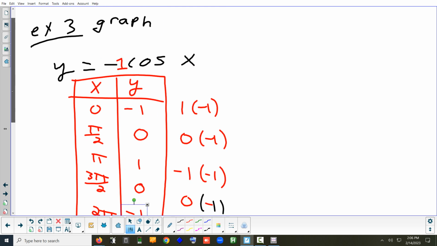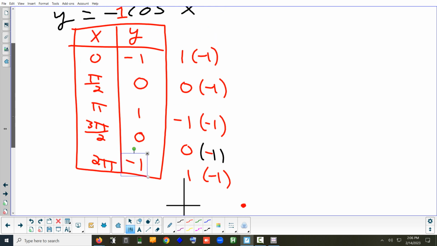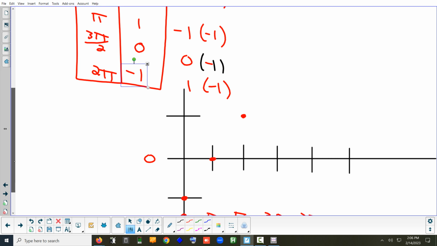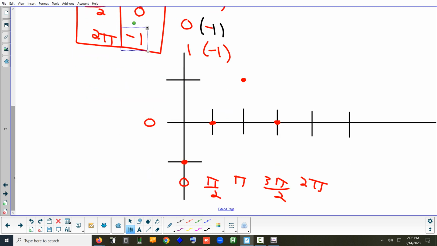Okay, so -1, 0, 1, 0, -1. And remember, it is part of a wave. So if you think of it like that, you're sketching that part right there.